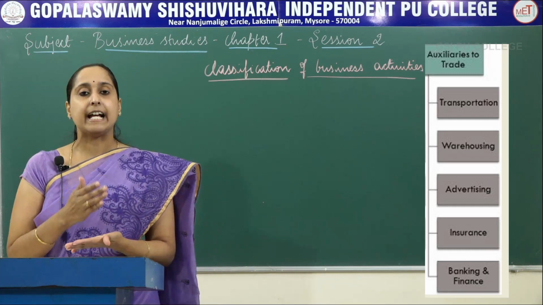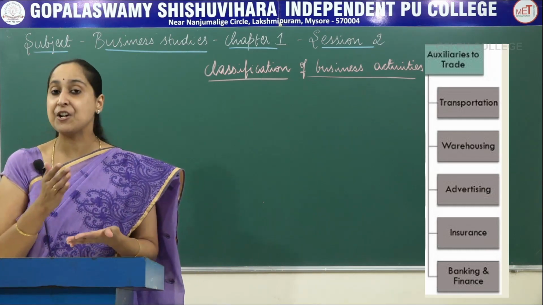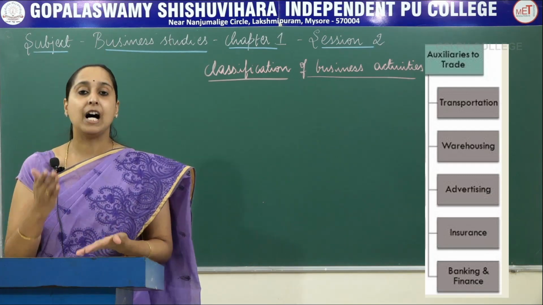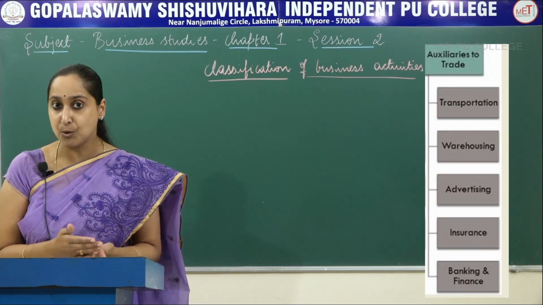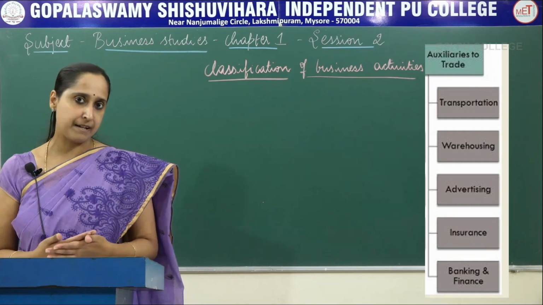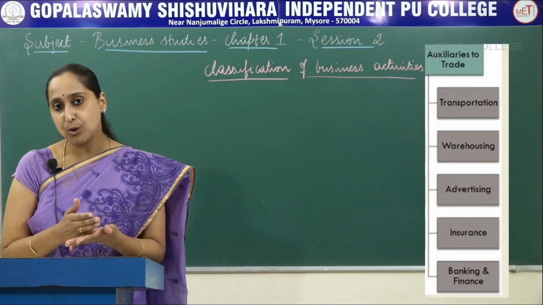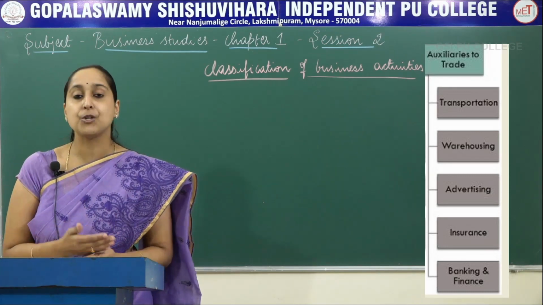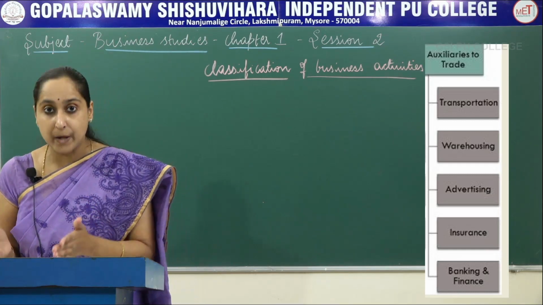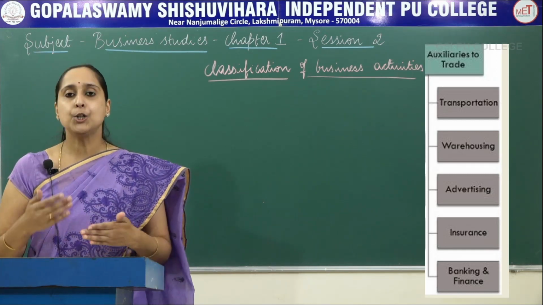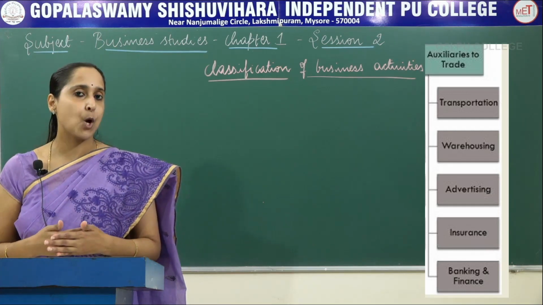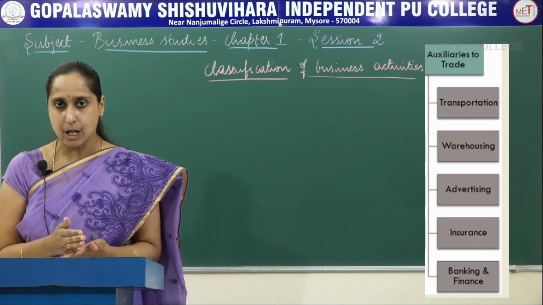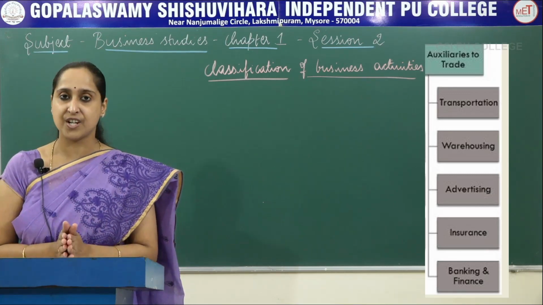See, for example, in case of transport and communication, hindrance of place is removed by transport, and in the same way hindrance of finance is removed by bank, and in the same manner hindrance of risk is removed by insurance company, and in the same manner a hindrance of storage facility is removed by warehousing, and in the same way to provide information about the products to the customers, advertising removes the hindrance. So these are the various auxiliaries to trade.